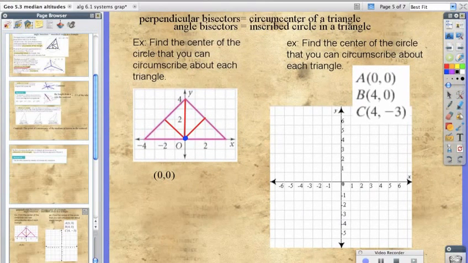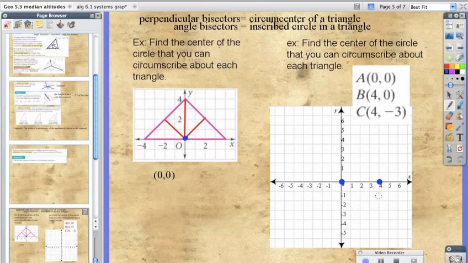Next one, it says find the center of the circle that you can circumscribe about each triangle. So here they give us the points. We're going to start off by plotting those points. The first one is 0, 0. Next one is at 4, 0. So 1, 2, 3, 4, 0. Next one is at 4, negative 3.